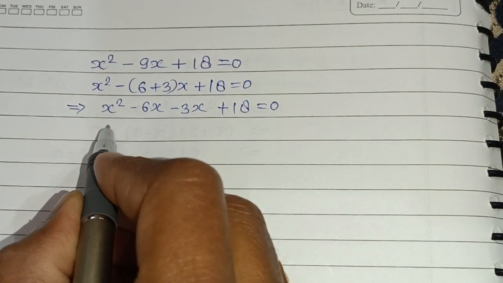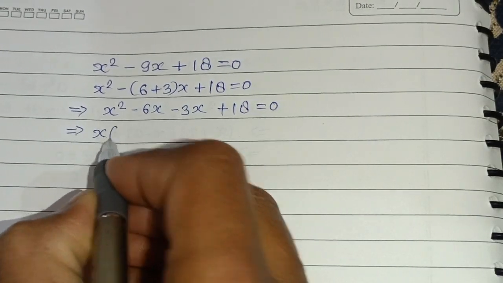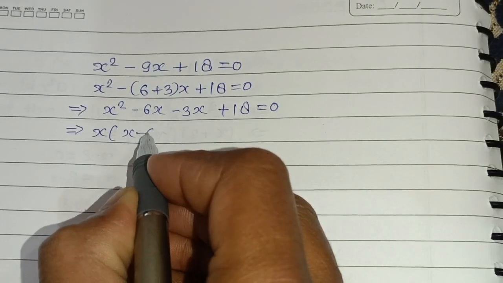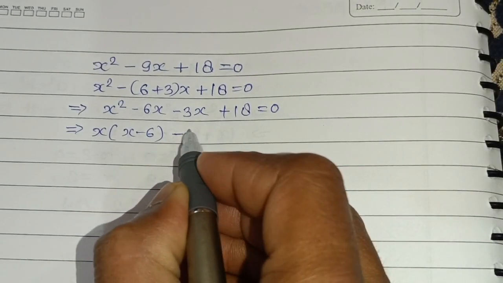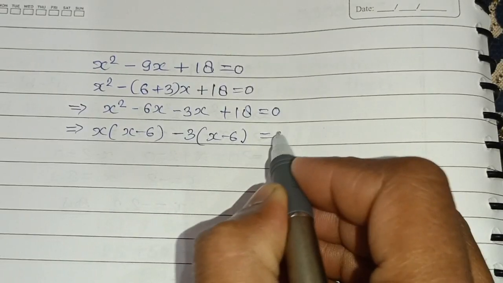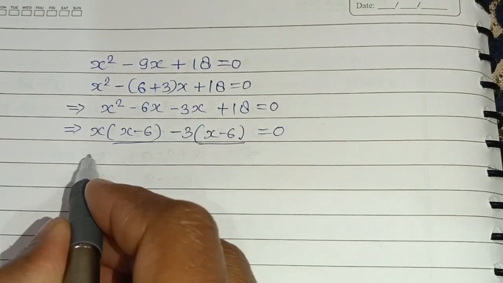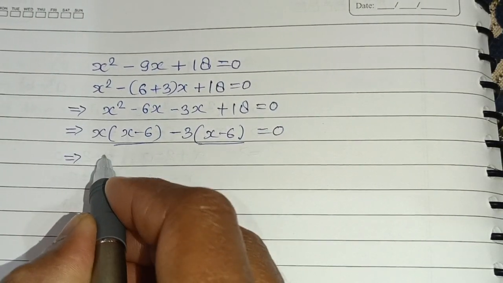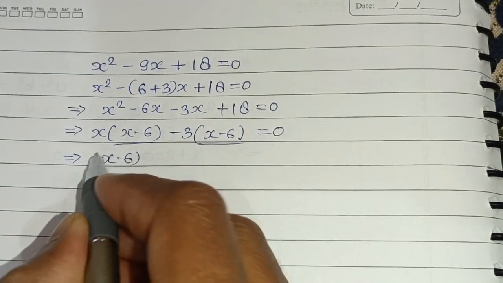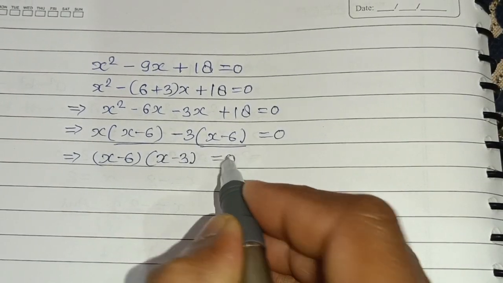So what we will take x common, that is x minus 6, and here is 3, x minus 6 is equal to 0. So x minus 6 is a common, so we take x minus 6 and x minus 3 equal to 0.